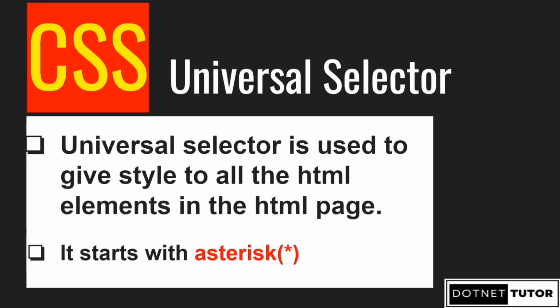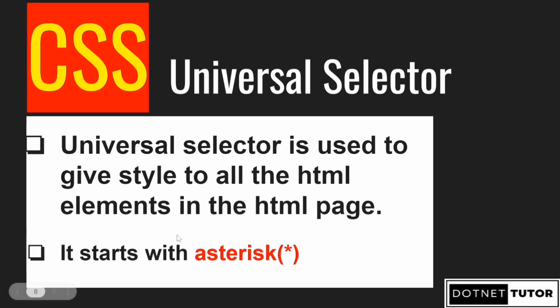So what does the universal selector mean? The universal selector is used to give a common style for all the HTML elements in the HTML page. You may have many elements like paragraphs, headings, divs, and other elements in the HTML page. If the client is asking, I want all the elements with the same style, then you will represent those styles by using the universal selector.